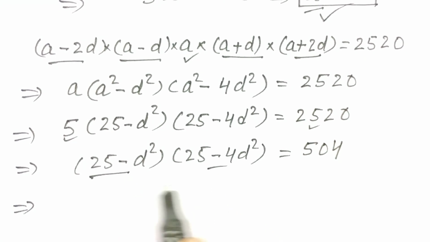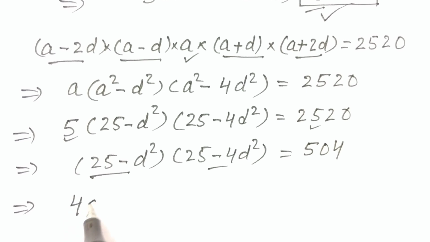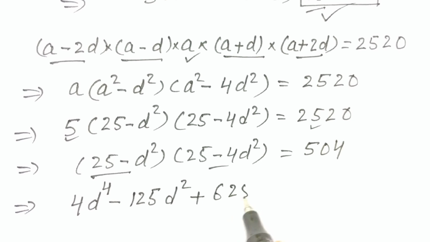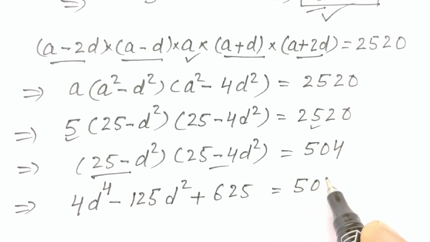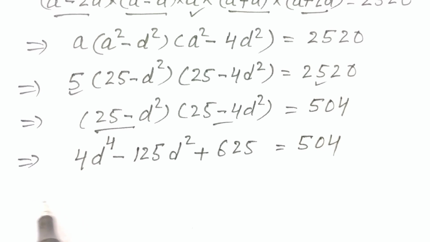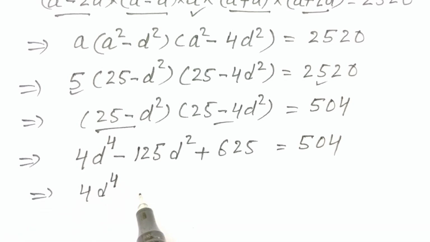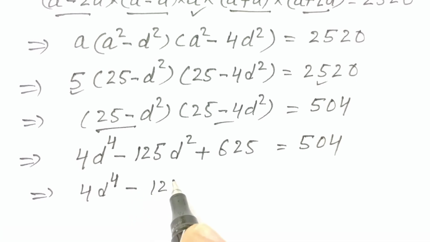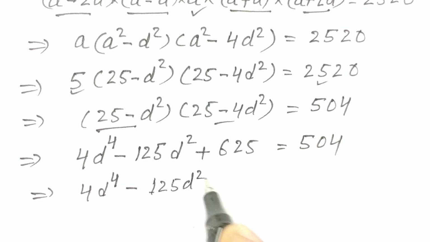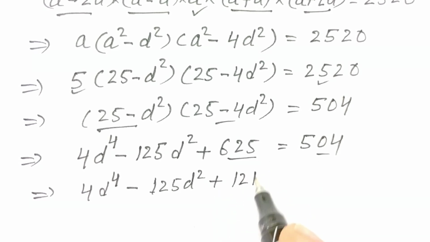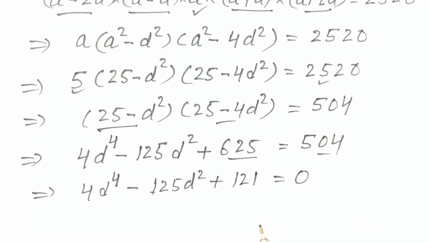If we multiply this and this, we get 4d to the power 4 minus 125d square plus 625 is equal to 504, right? So 4d to the power 4 minus 125d square plus this and this, 121 is equal to 0, right?